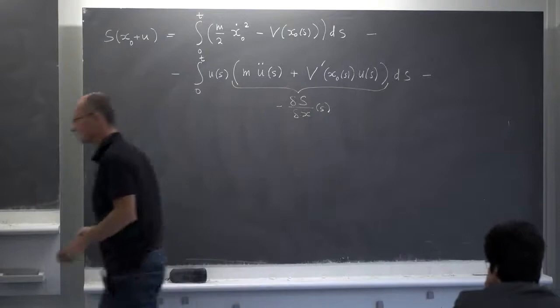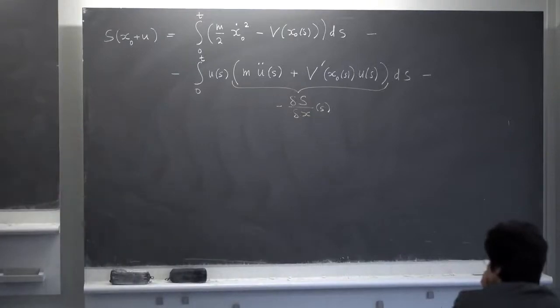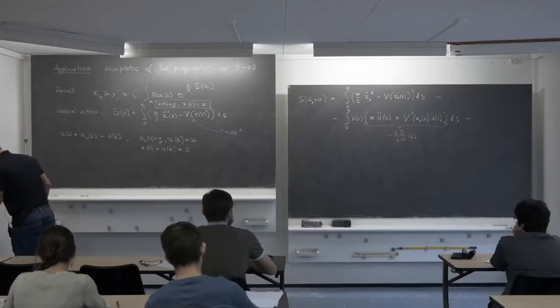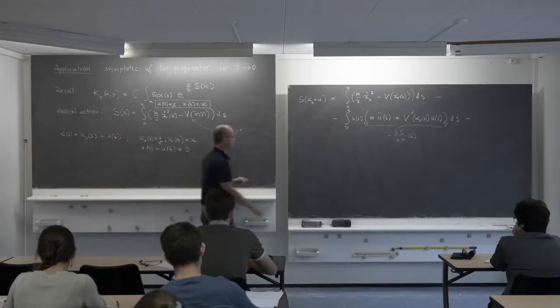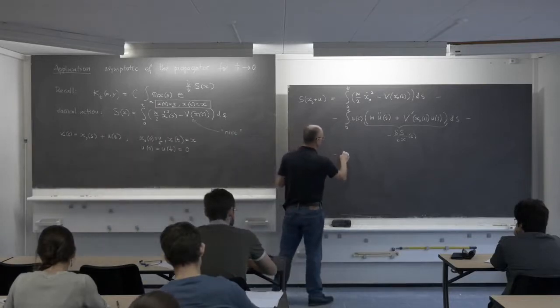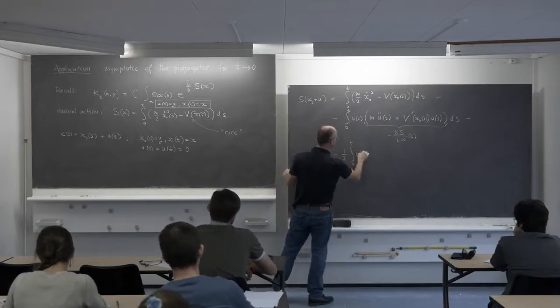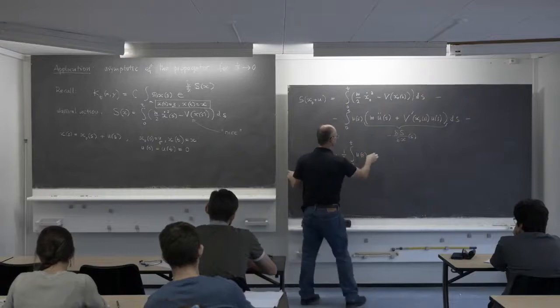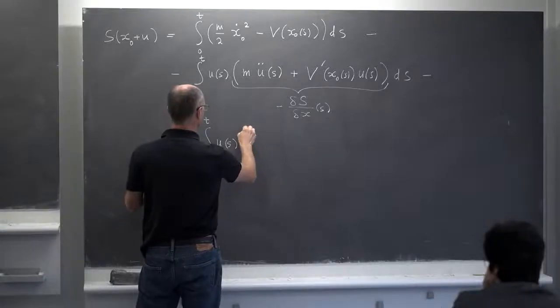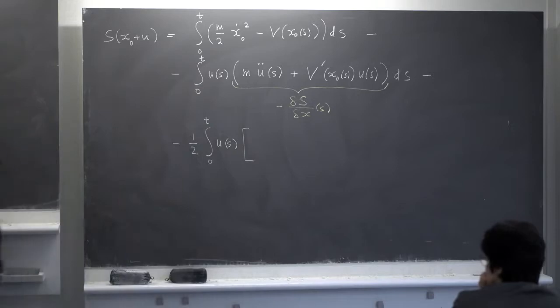Let me write the next term as follows. Minus 1/2 integral 0 to t u of s, and here let me write it as follows.